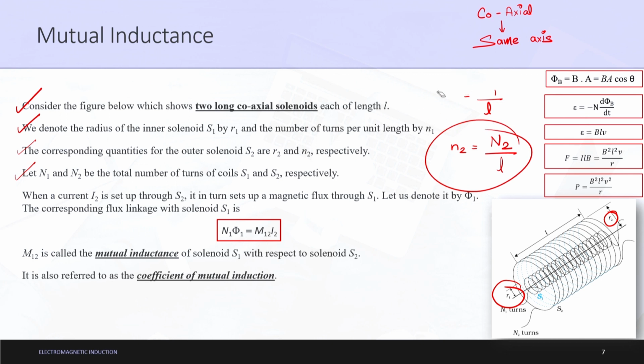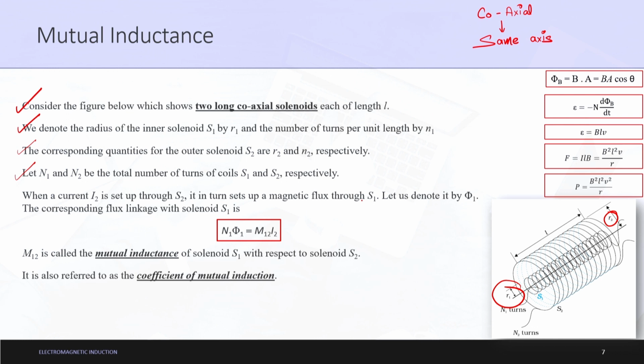Now, please listen carefully from the next point. When a current I2 is set up through S2, where S2 is the second solenoid, the solenoid with the larger radius, it in turn sets up a magnetic flux through S1.